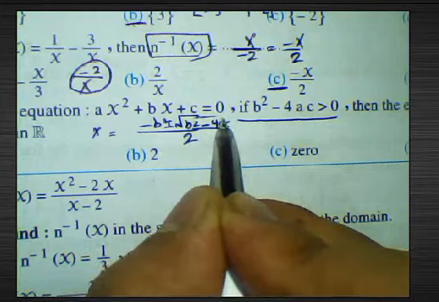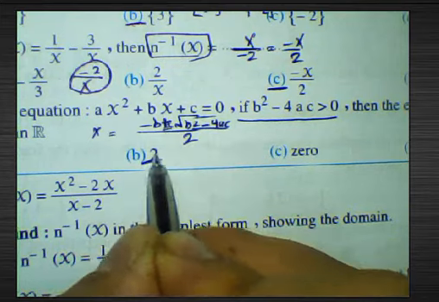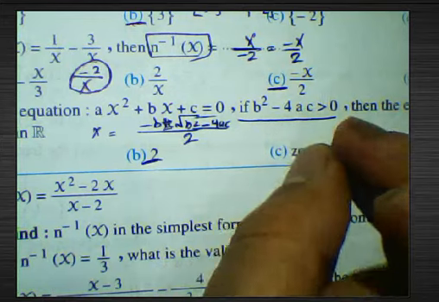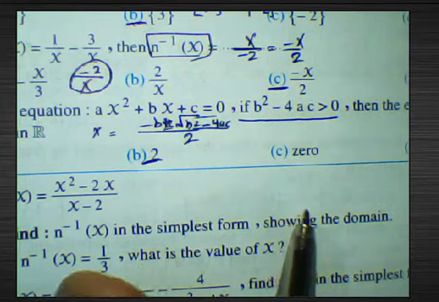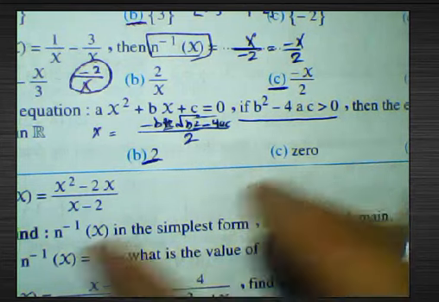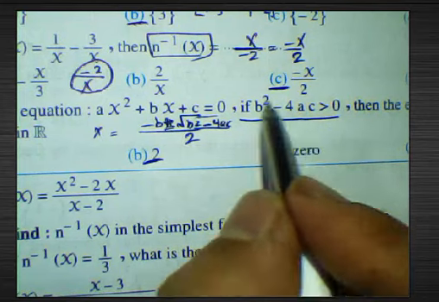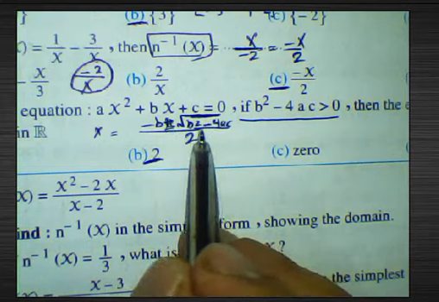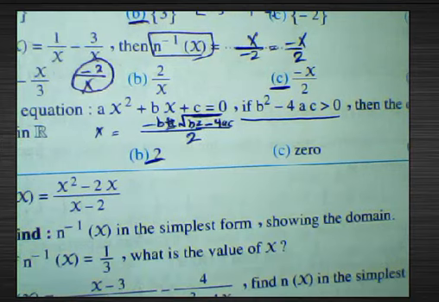If this expression is positive, then the result will be positive and negative, so we have two solutions. But if this expression equals 0, we will have only one solution. And if this expression is less than 0, we haven't any solution. So this expression is positive, so the result will be positive and negative. We have two results in this example.